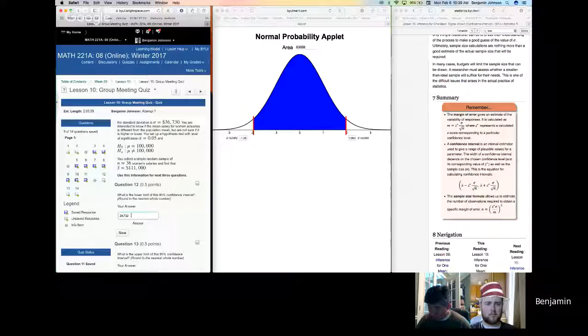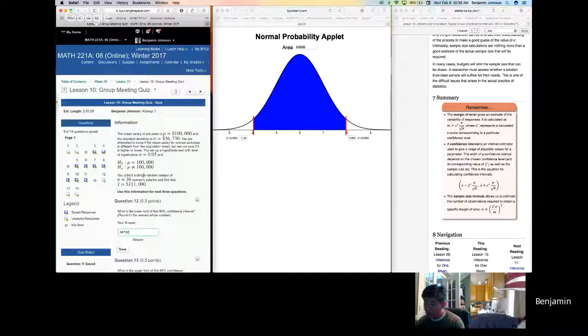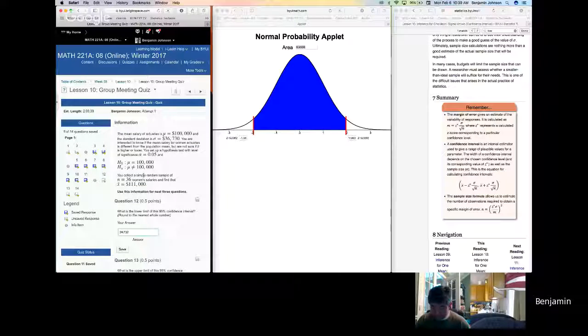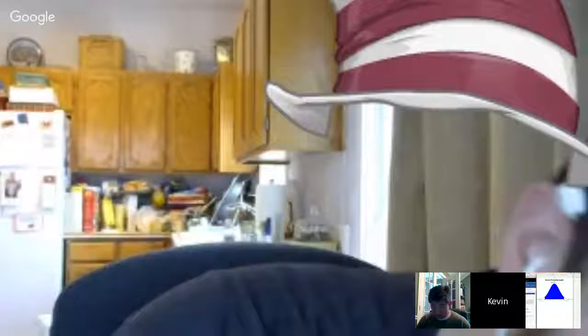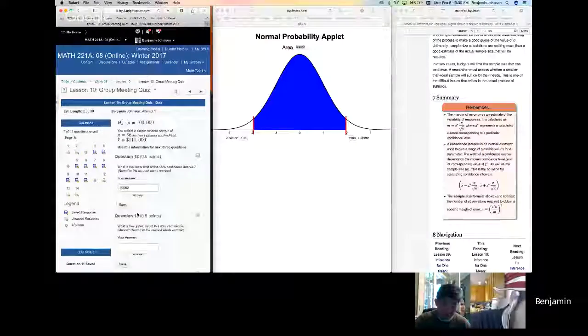No, that's wrong, because I didn't use the right value. Hold on, let me redo this. Are we supposed to use x bar? Yeah. Okay, retry. I got 99,002.